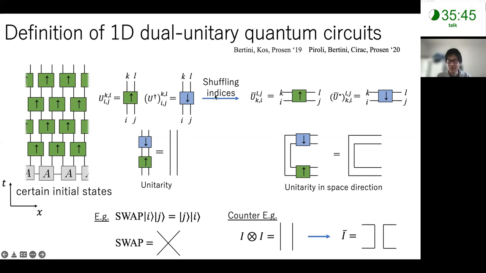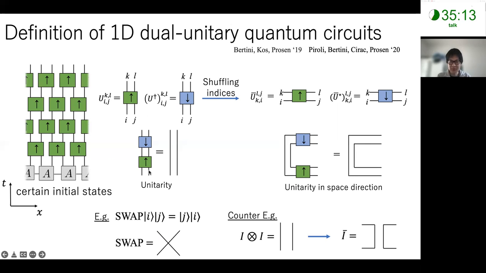But if we reshuffle the indices, regarding i and k as input and l and j as output, then if this reshuffled U bar is also unitary, graphically written like this, we call the original unitary a dual-unitary gate.